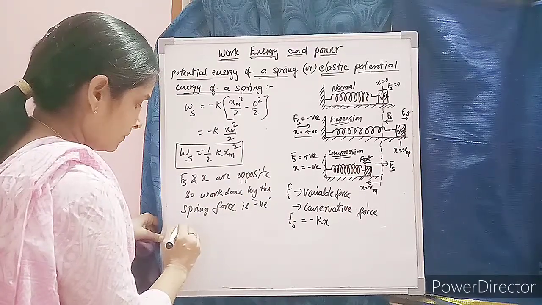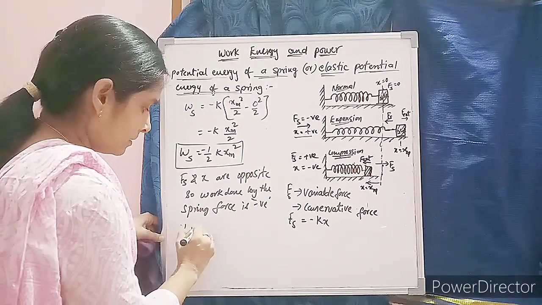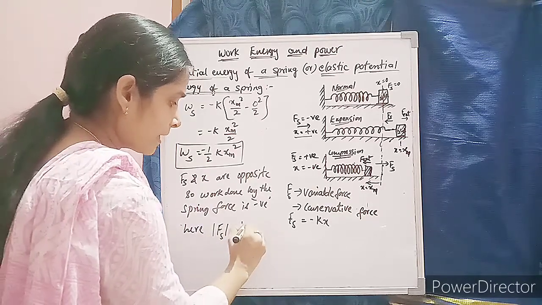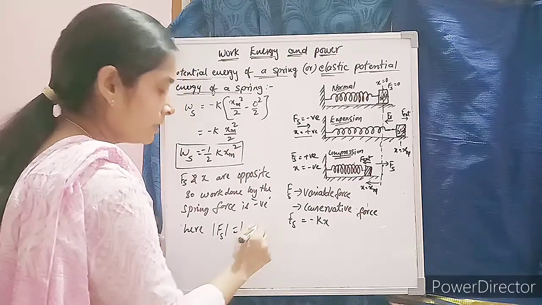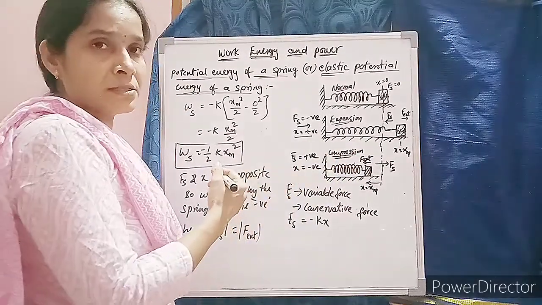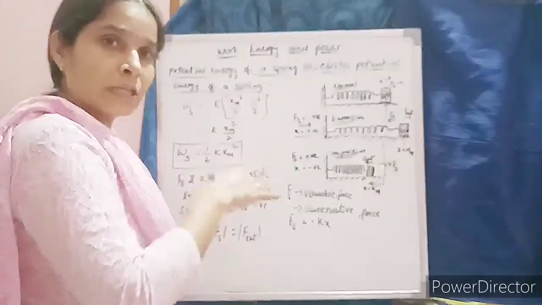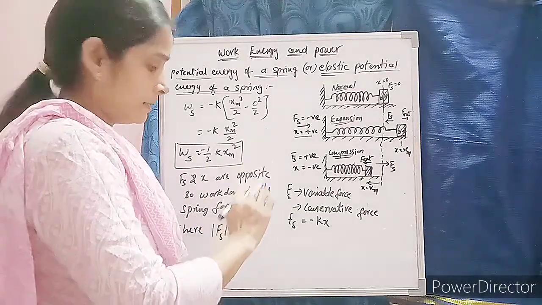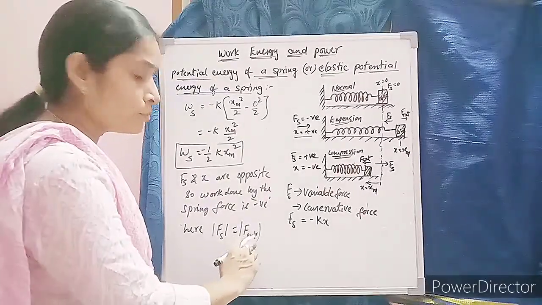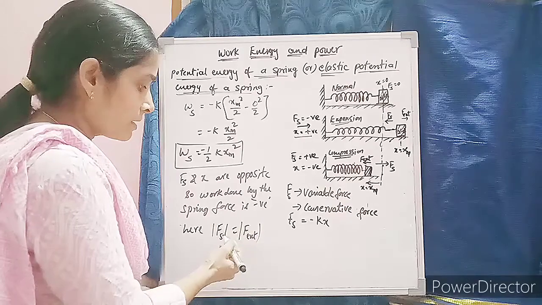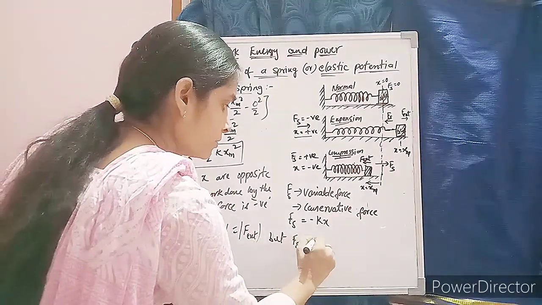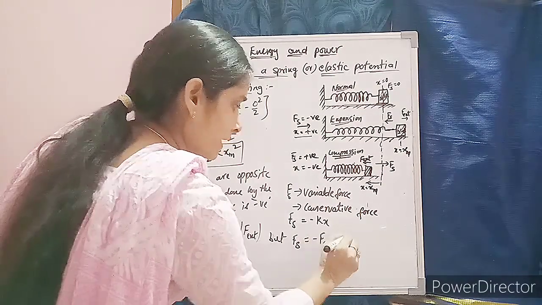Now here the magnitude of Fs is equal to the magnitude of F external. Why? Because with however much force we expand or compress the spring, that much force comes into play, that is the spring force. The magnitude of the spring force is equal to the magnitude of the external force, but both are opposite to each other. So Fs is equal to minus F external.